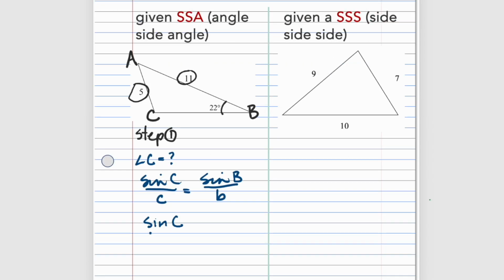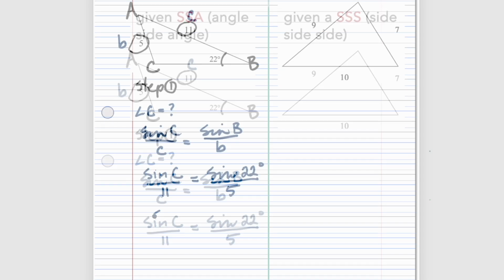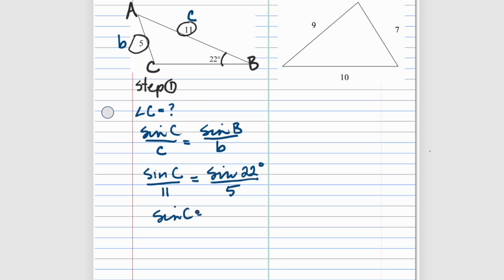Sine of C over side length C, which is the 11, is equal to sine of 22 degrees over side length 5, which is little b. Sine of C is equal to 11 times sine of 22 degrees over 5.